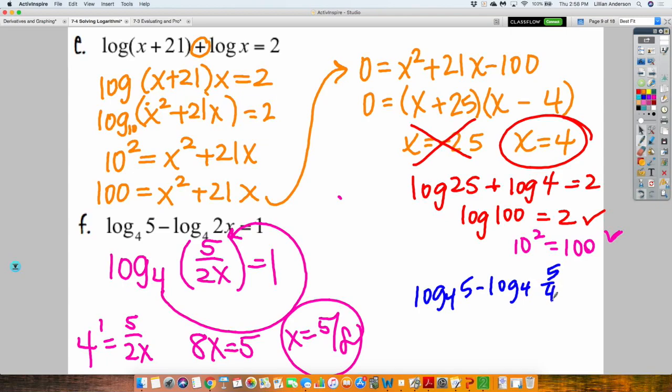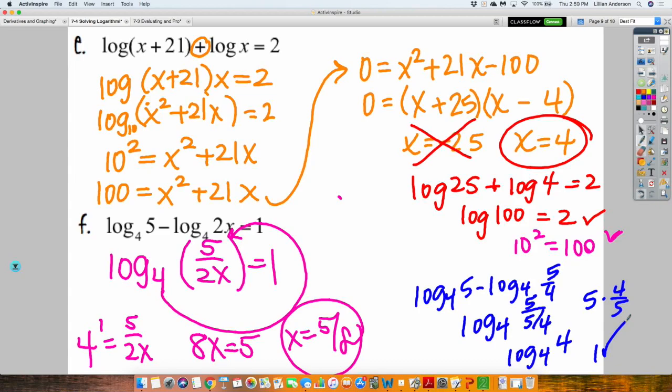Subtraction means division, so I have 5 divided by 5/4. Yet again, another fraction within a fraction. Keep, change, flip. This turns into what? Which just equals 4. What's log base 4 of 4? And it works out.